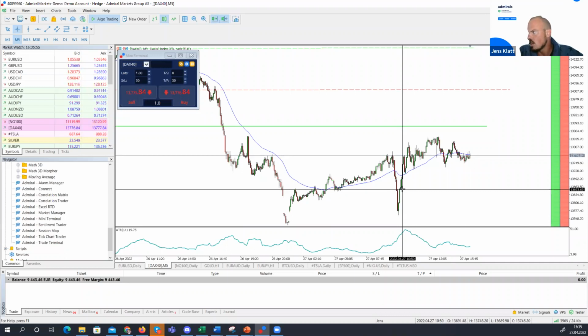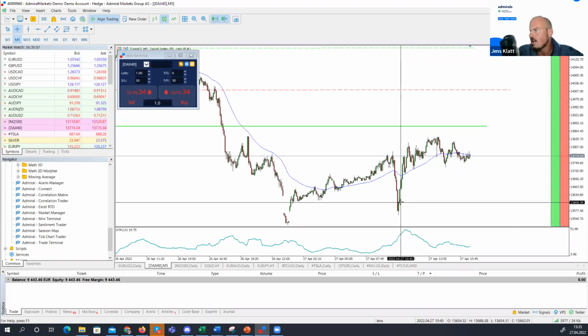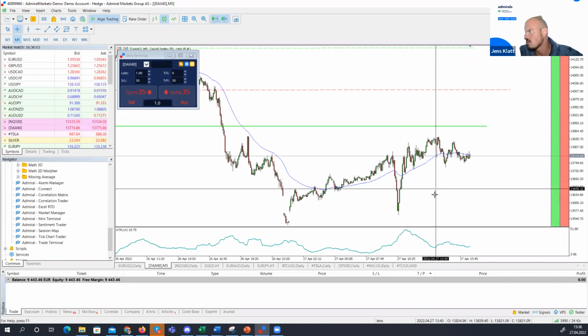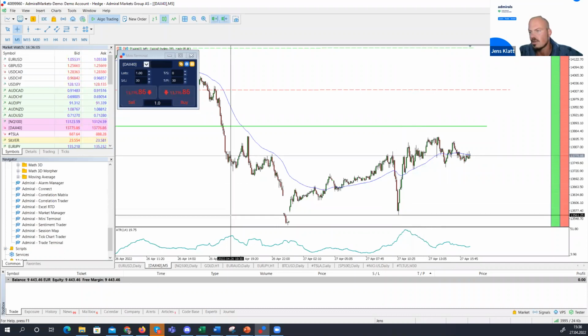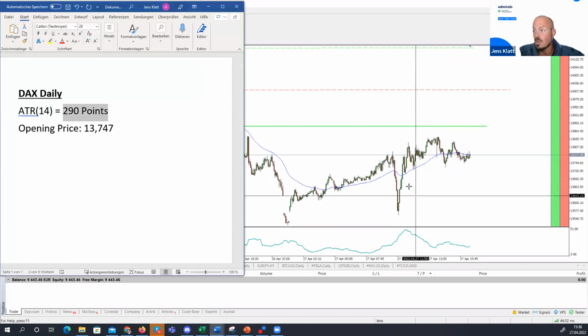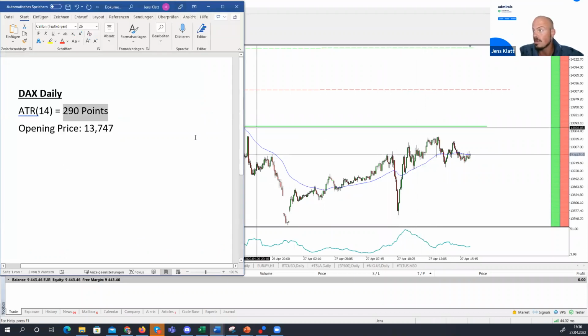So it could result in you saying, well, I entered the market now, in this case at 13,654. This is the opening print of this 5-minute chart you're looking at here. You calculated the ATR on a daily chart, and you enter the trade on a lower time frame.